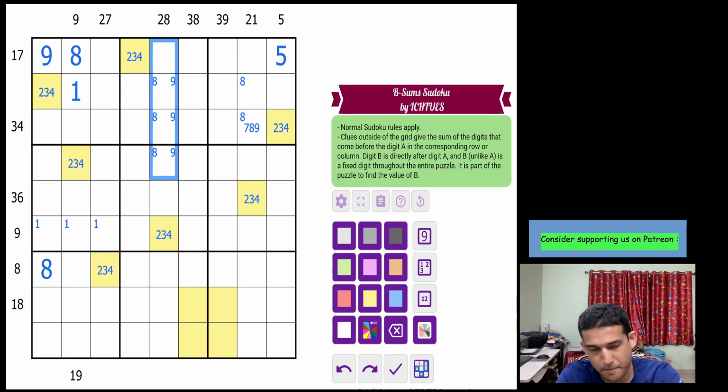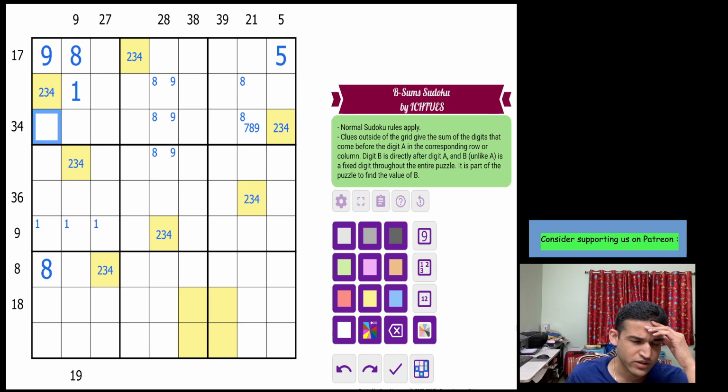This is interesting. So what is the clue that I have not explored fully yet? 17 is done. 34 clue outside row 3, I don't think I can do anything more with that. 36 clue.